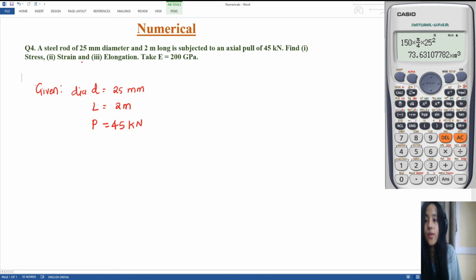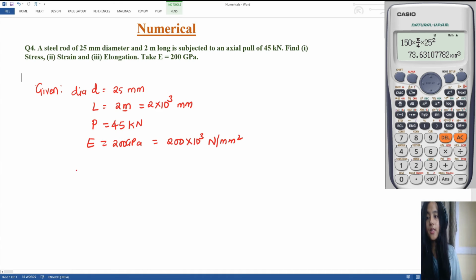We have to find stress, strain and elongation, and modulus of elasticity is given 200 GPa. When we convert this 200 GPa to Newton per mm square, it will be 200 into 10 raised to power 3 Newton per mm square, right? And if I convert 2 meter into mm, it will be 2 into 10 raised to power 3 mm, right?